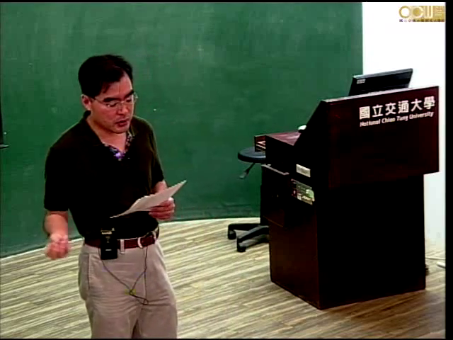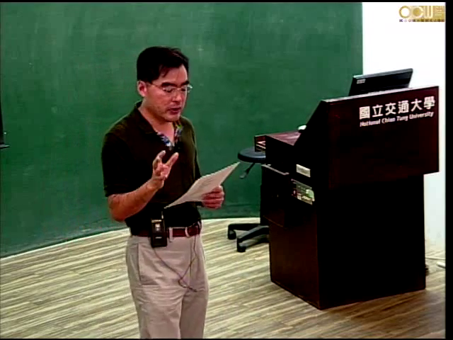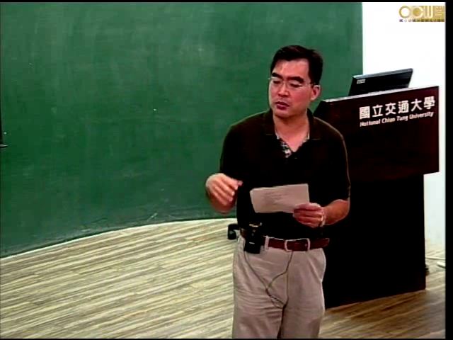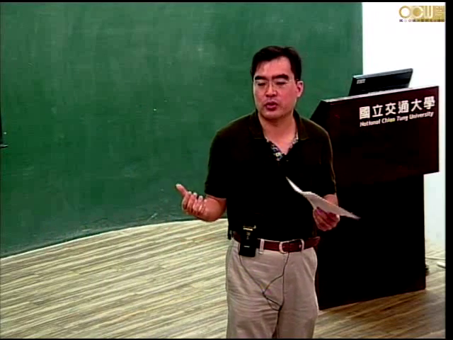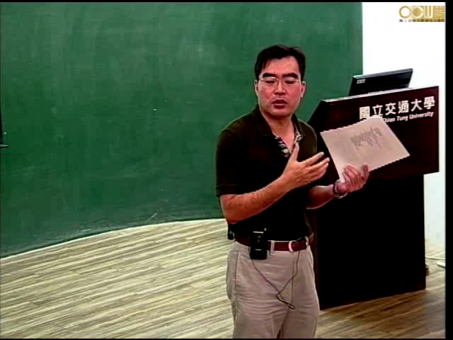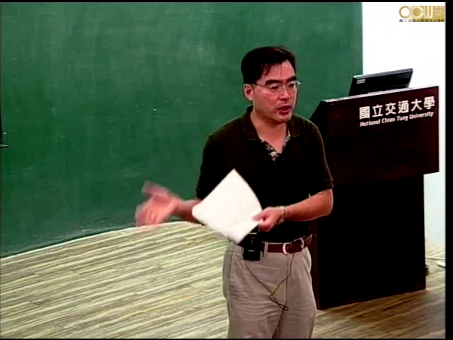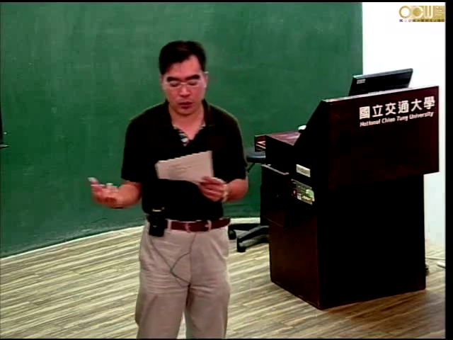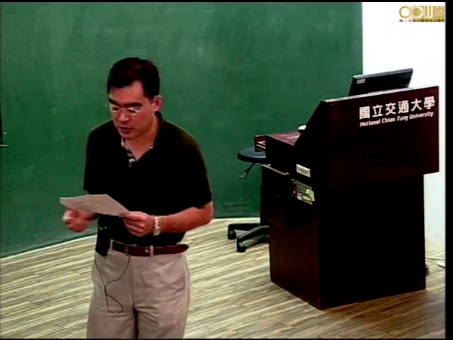Okay, so we start from the physical layer, and in the physical layer we talk mostly about two important mechanisms, which are called coding and modulation. So coding and modulation are the two most important subjects in the physical layer.